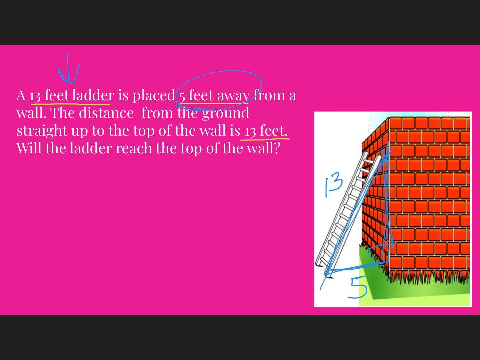The top of the wall is 13 feet. Let me make this a little bit thicker so you can see it a little better. Okay, so now we need to use these numbers to try to solve this.